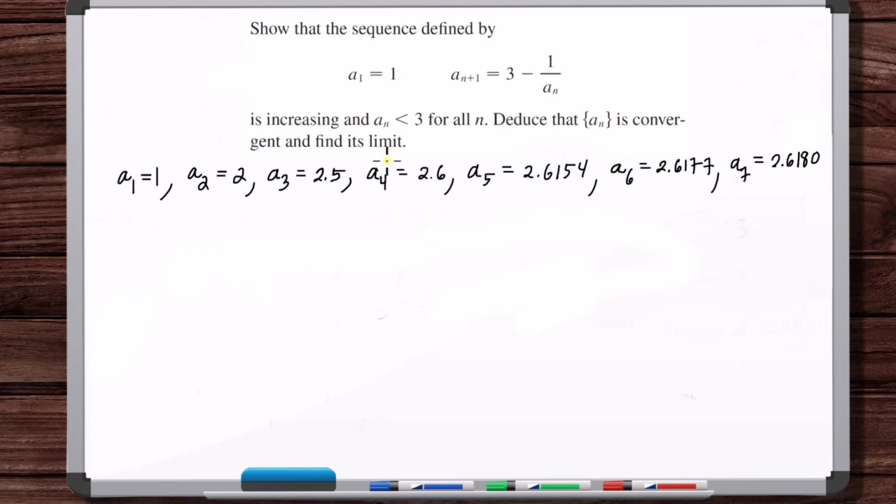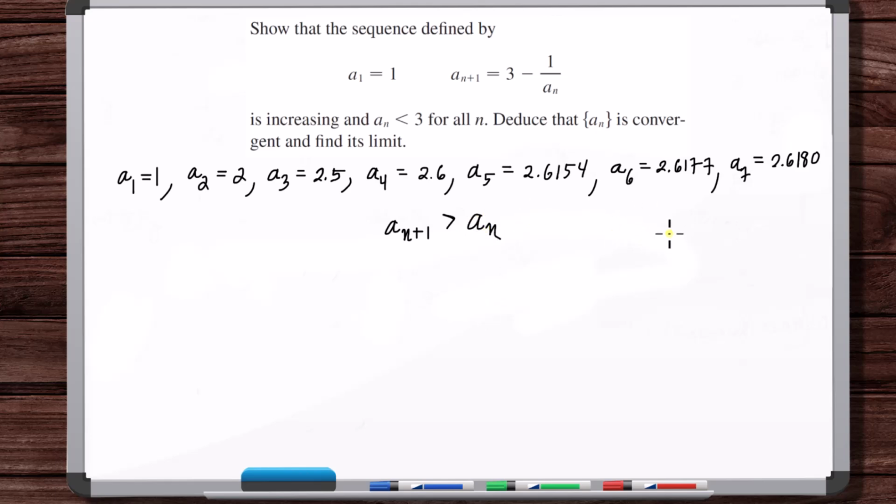We're going to do this using mathematical induction. We're first going to prove that it's an increasing sequence. We're trying to show that a sub n plus 1 is greater than a sub n.